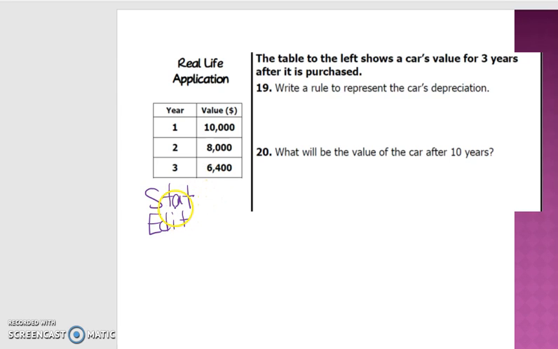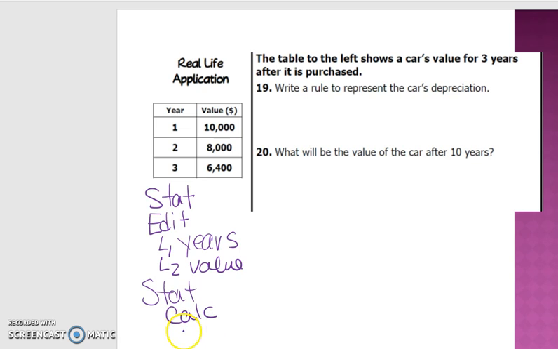So we're going to find the equation in the calculator. So go to Stat and Edit. In L1 you want to put the years, and then in L2 you want to put the value. Okay? So once you do that, you're going to go Stat, Calc, and you're going to look for EXP REG, exponential regression. Okay?